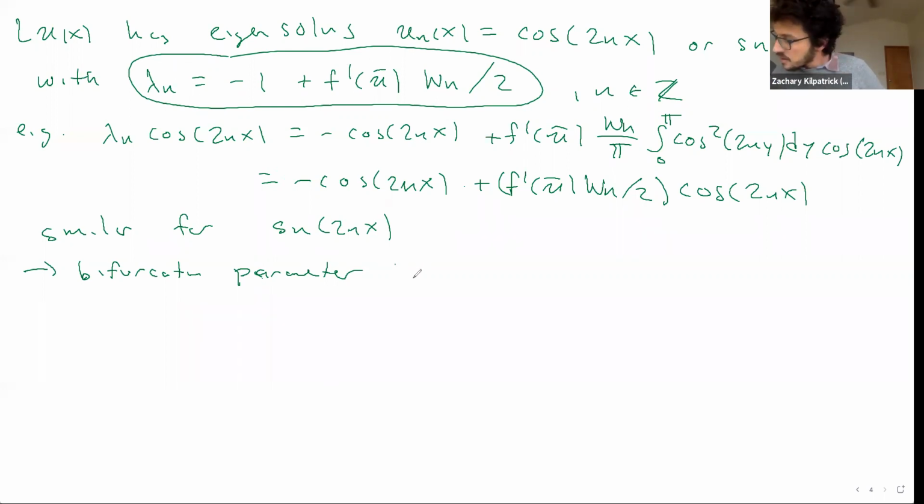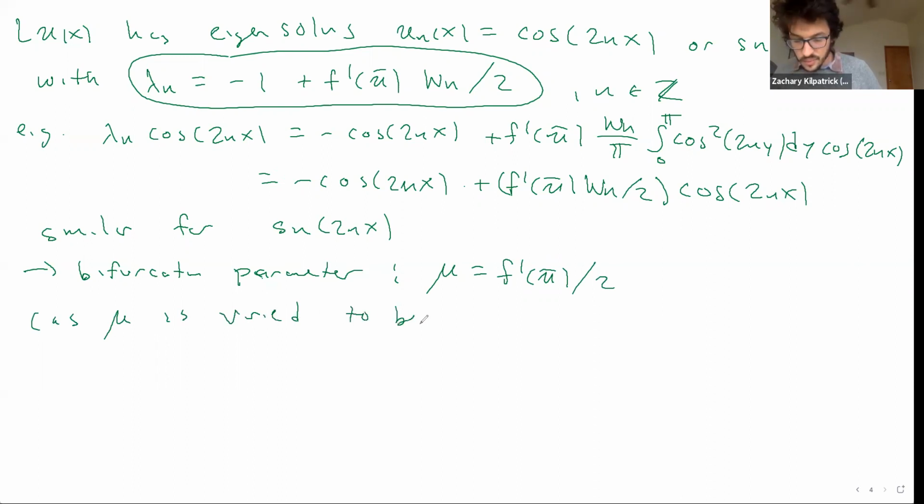So our bifurcation parameter I'm going to define here as mu equals f prime u bar over 2. And essentially as mu is varied to be greater than 1, then instability occurs. You go through a bifurcation.